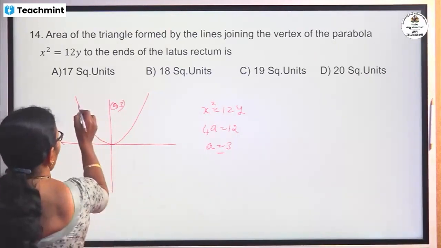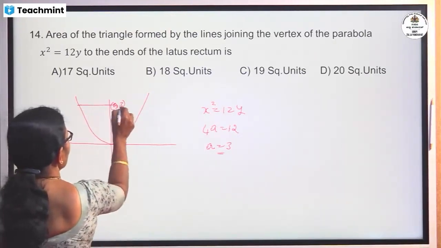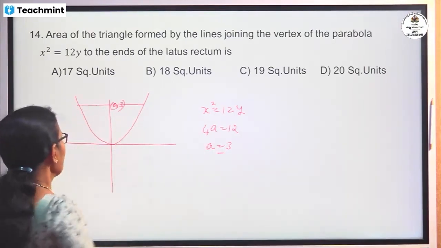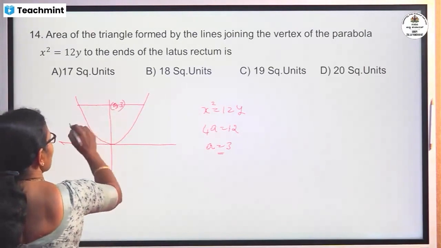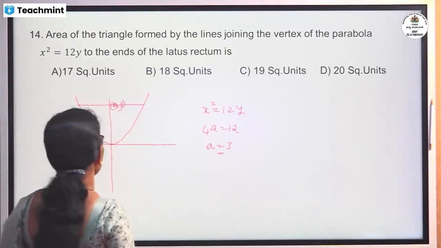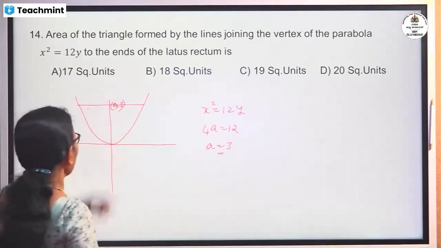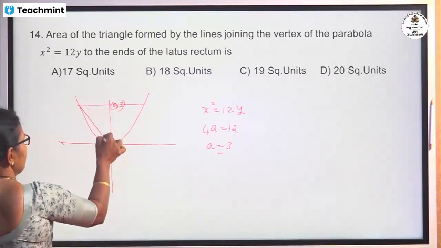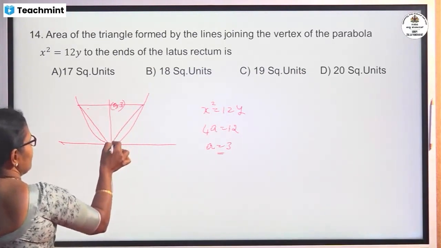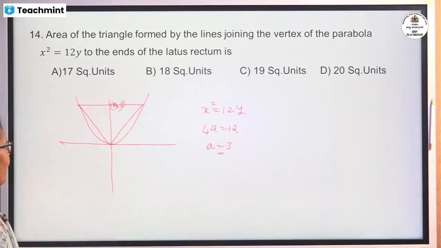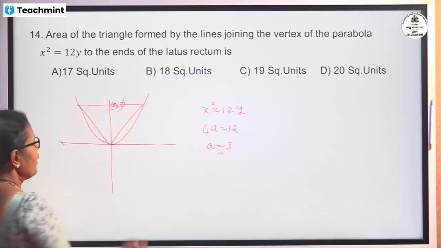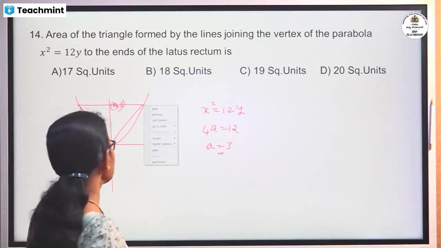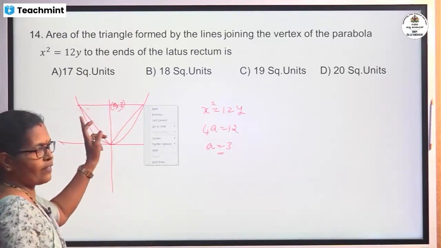Now we have to draw. This is the latus rectum, which passes through the focus. Now we require the area of the triangle, so we draw like this. We require the end points of the latus rectum.